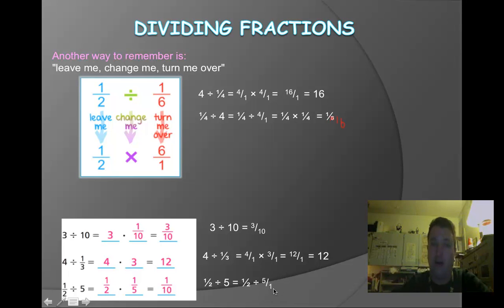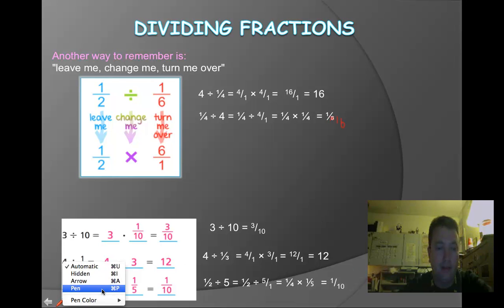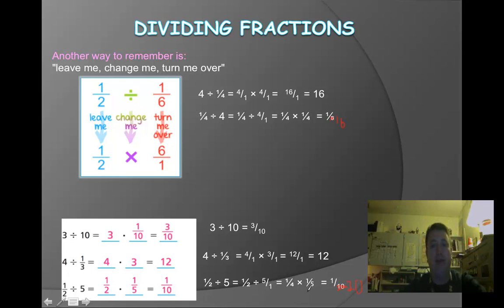Flipping that second fraction over, that gives me 1/4 times 1/5, which equals, oh my goodness, what is wrong with me today? Sorry about that, kiddos. That is supposed to be a 2. So we're going to cross that out. 1/20. I don't know what happened there. Sorry about that. So 1 times 1 is 1. 4 times 5 is 20. That would be 1/20. What did I do wrong?